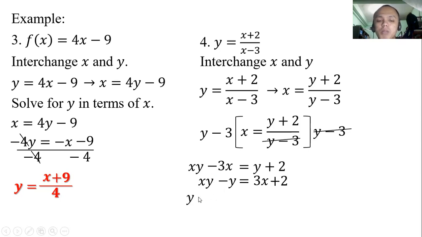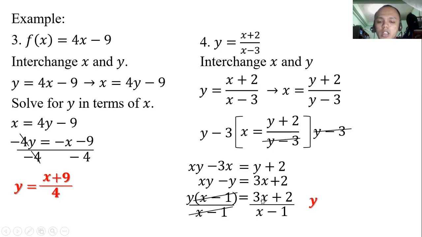Factor out natin, magiging x minus 1 equal to 3x plus 2. Then divide both sides by x minus 1. Cancel out. We have y equal to 3x plus 2 over by x minus 1. Ito yung magiging inverse niya. Okay? So yan.